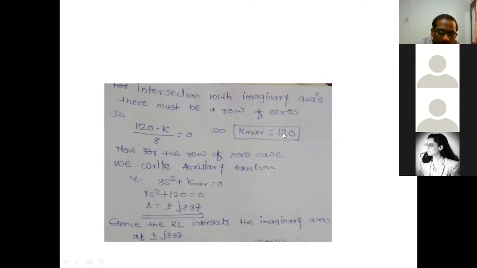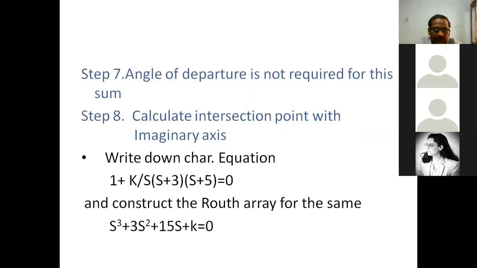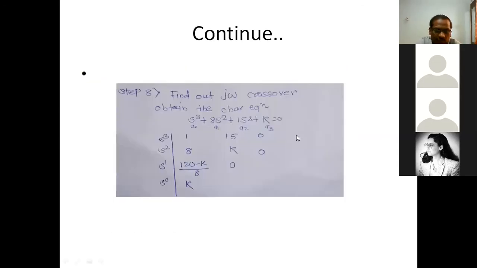Now, once we consider the row of 0, obviously we need to write the auxiliary equation A of s. That auxiliary equation you have to write using the coefficients of the row just above the row of 0. So here we consider the S1 row as the row of 0. So using the coefficients of the S square row, we have to write the auxiliary equation A of s.